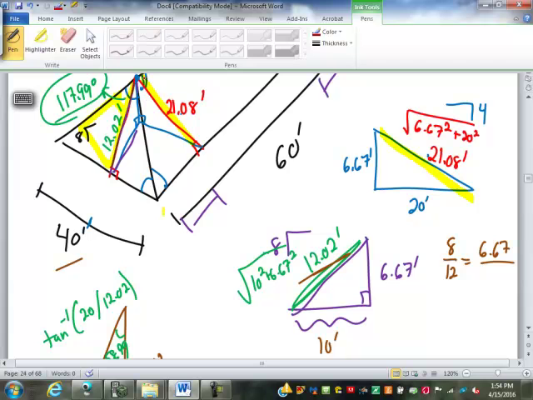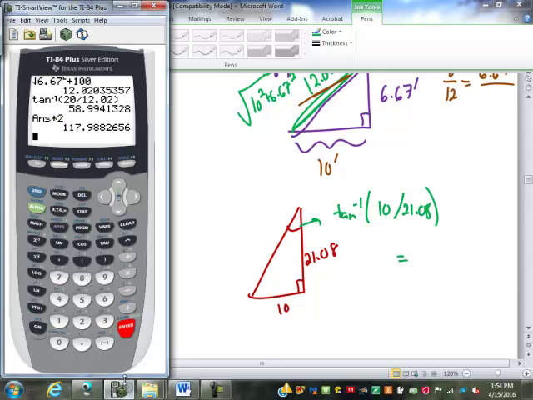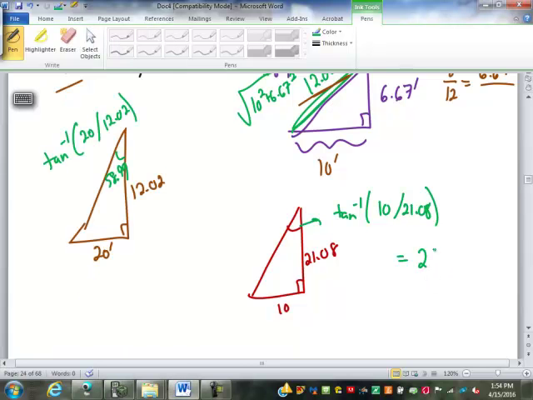Now for this angle here, I'm going to find just this piece first, which is going to be the 21.08 and the 10-foot setback. So to find that angle, that's just going to be the inverse tangent of 10 divided by 21.08. 25.38 degrees.